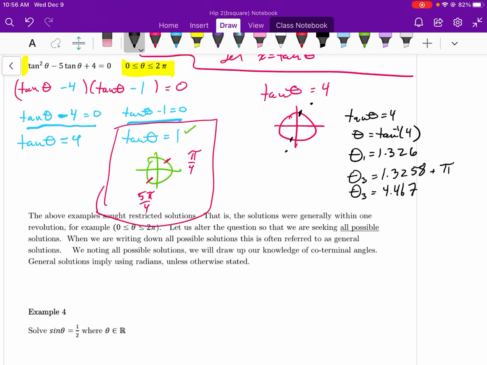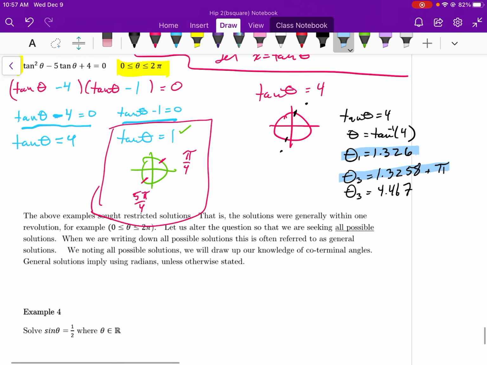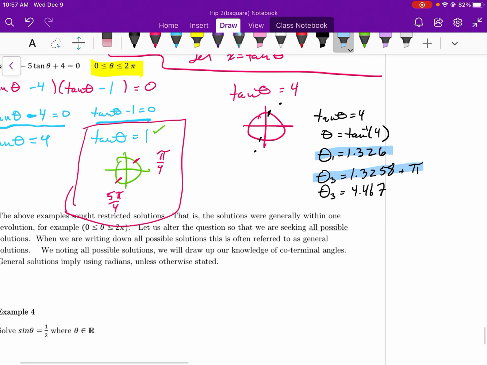Now, you may realize that I stated this and I rounded it. Since I'm rounding to 3 decimal places, I have the luxury of rounding. So when I'm finding my theta 3, though, I would actually keep all of my decimal points and add it to pi, just in case there's a rounding error. You always want to round when you state your final results.